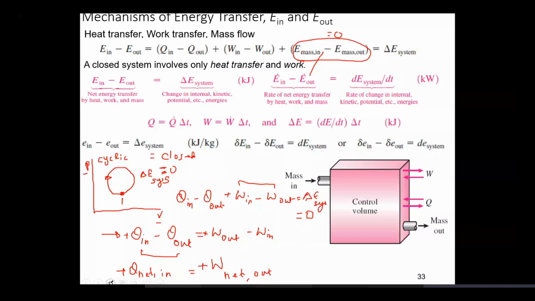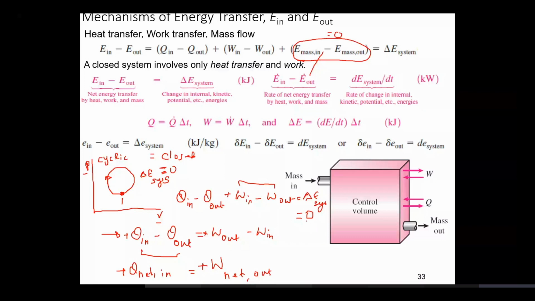If I am talking about a cyclic process, this is all about a closed system which is undergoing a cyclic process. Cyclic process means that it started from state 1 and came back to state 1. For that system, the change in energy of the system would be essentially zero.